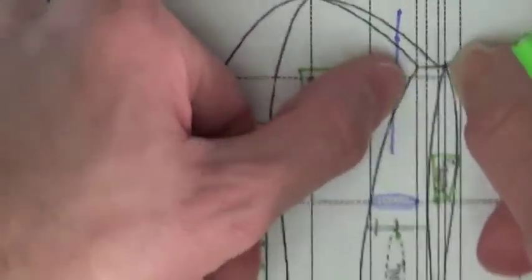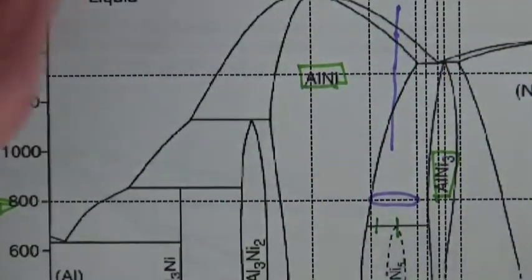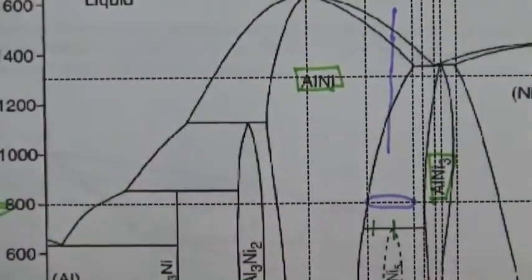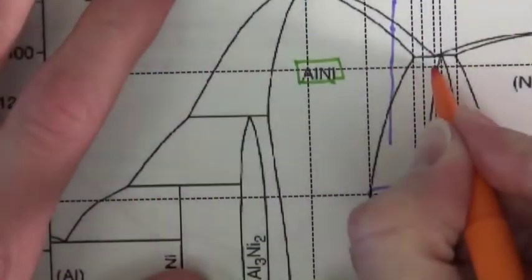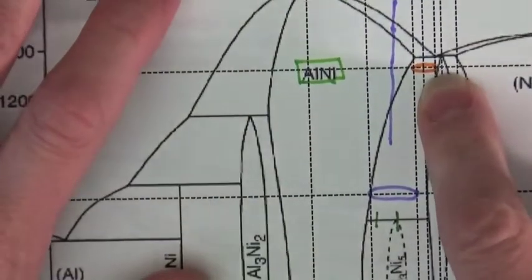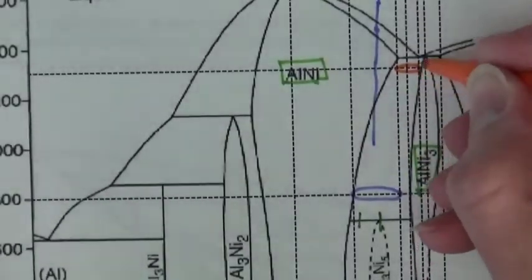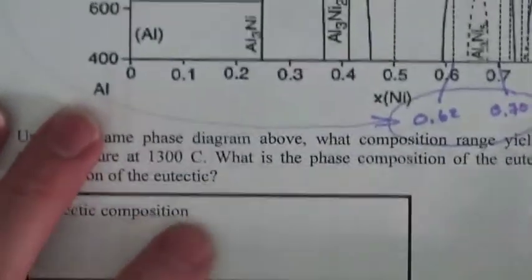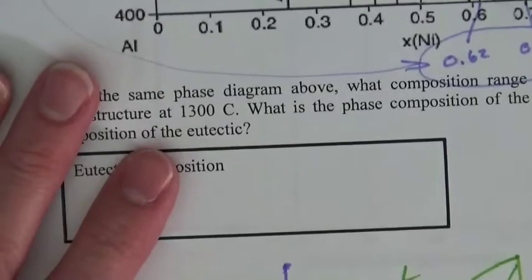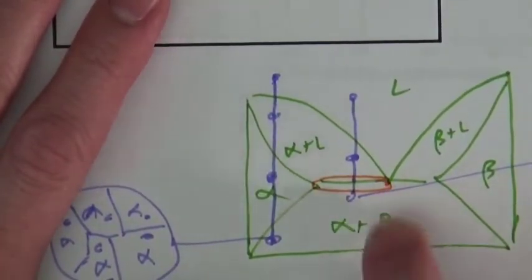So basically, we want this region here. And this then is, looking at our very kind of idealized phase diagram, that's that region, right?